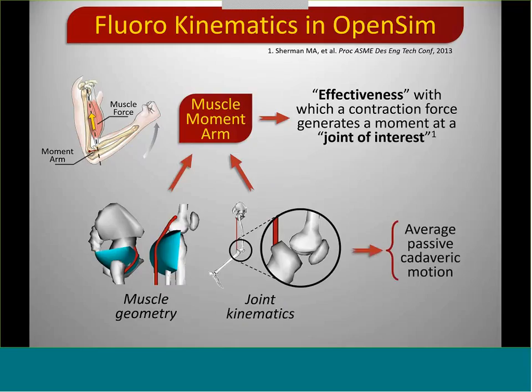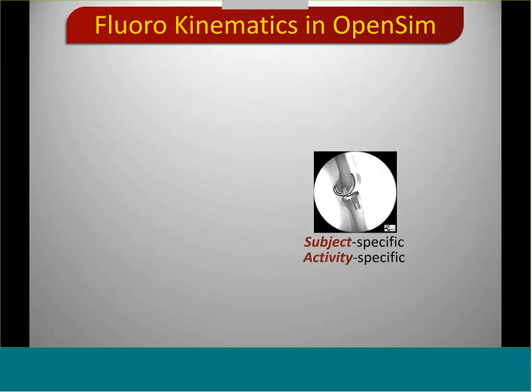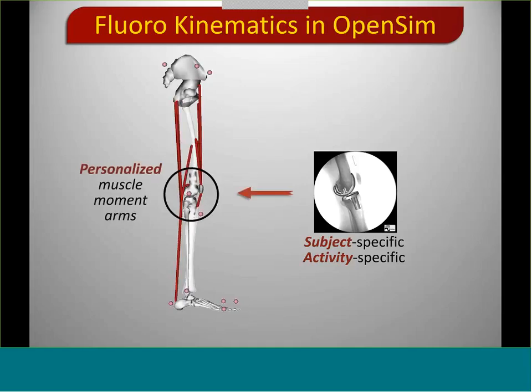That may not be representative of what really happens in the knee joint in vivo. And therefore, we decided to quantify the influence of in vivo kinematics on moment arms. And to do so, we implemented the 3D subject-specific and activity-specific kinematics from fluoroscopy into an OpenSim model in order to obtain personalized muscle moment arms.